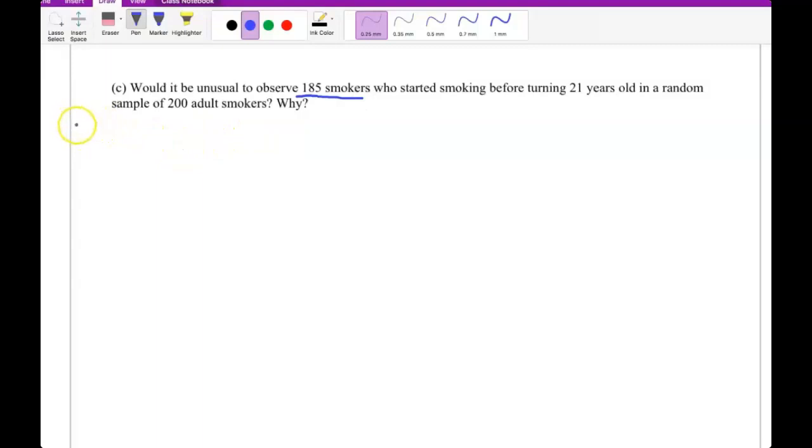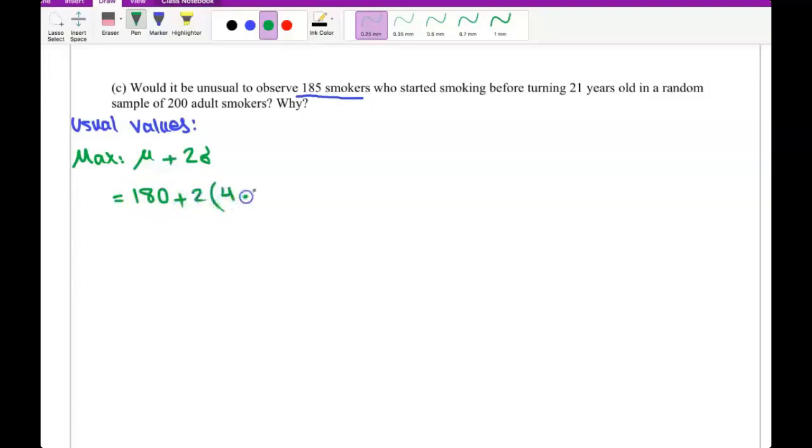So what we have for usual values, for max we have mean plus 2 times standard deviation, and that is equal to, for mean we have 180 plus 2 times the standard deviation from the previous part, which was 4.2, and that is equal to 188.4.